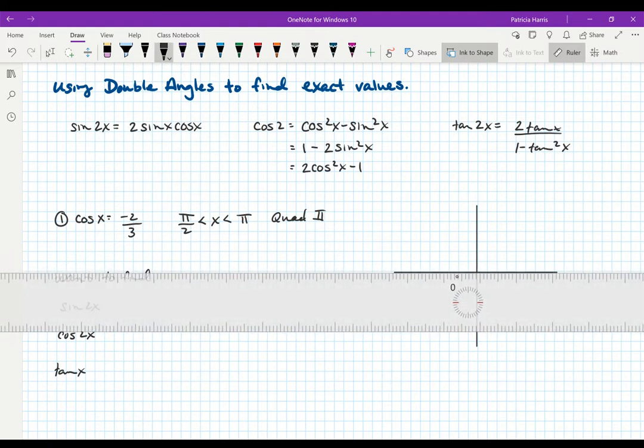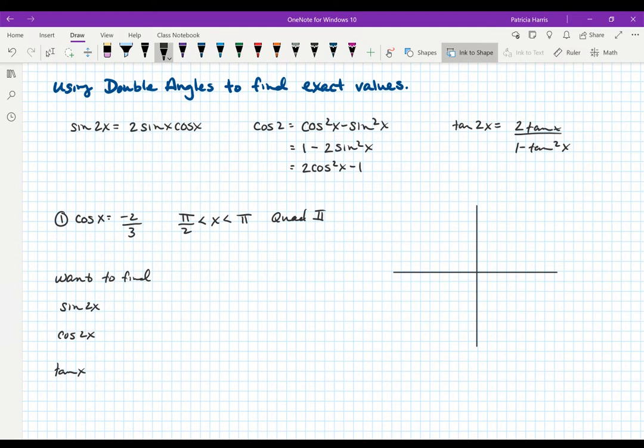Pictures are good. Quadrant 2 is on the upper left-hand side, so I'm going to draw my triangle here. Cosine I know is adjacent, negative 2, over hypotenuse, like that. Now I'm going to use Pythagoras to help me find my missing side.